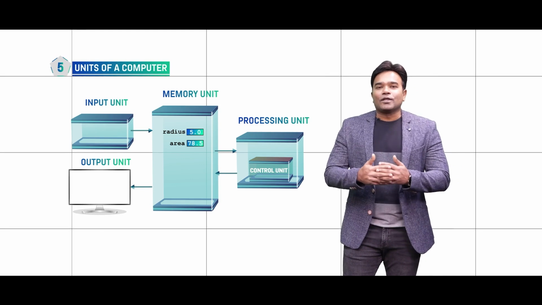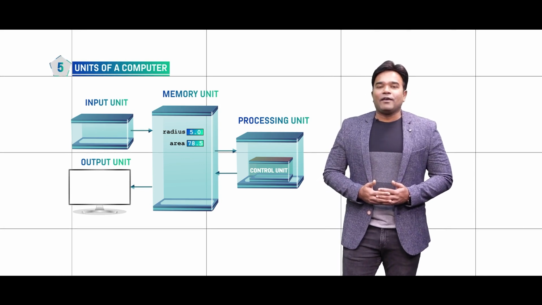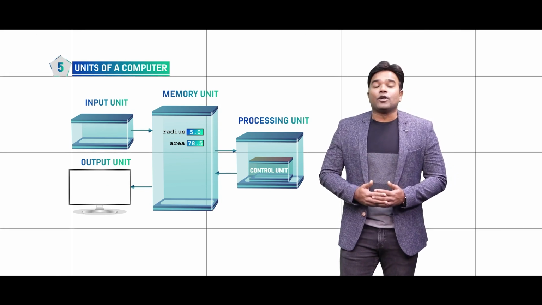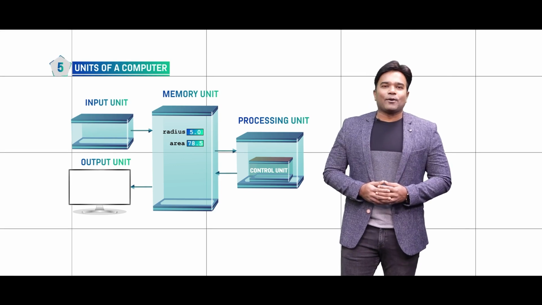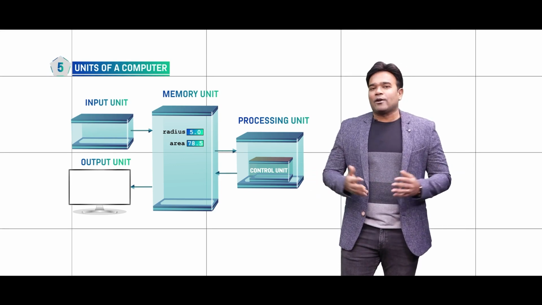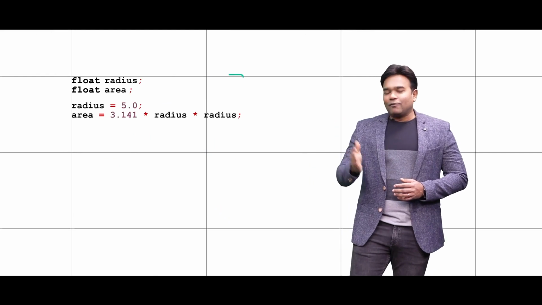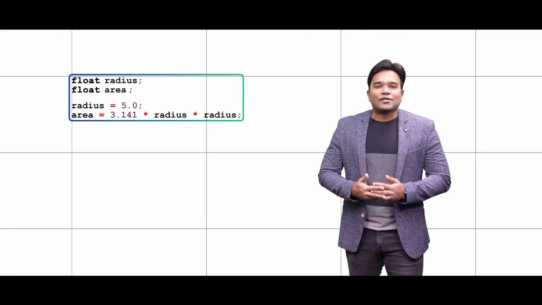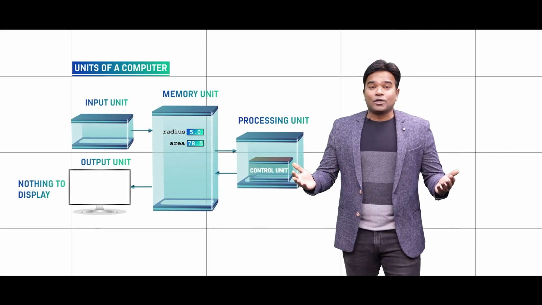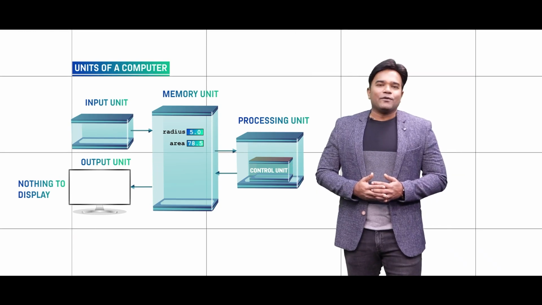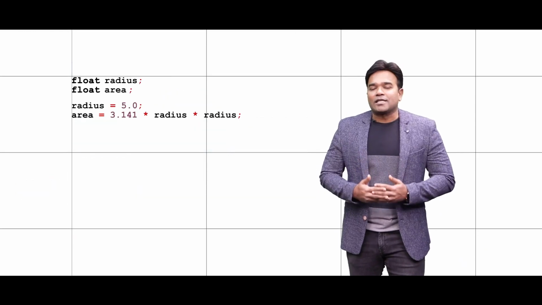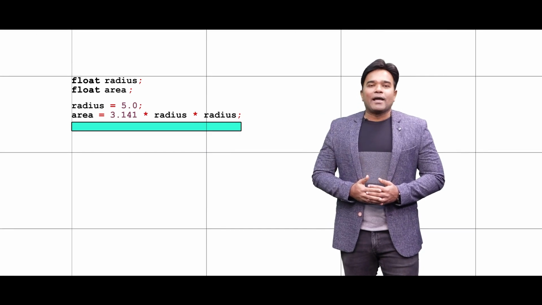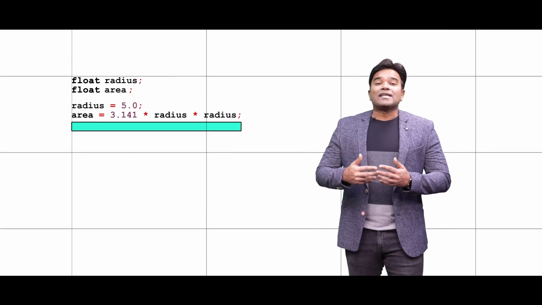After all, you know that the computer has a total of 5 units, and what is going to be visible to me as a programmer is whatever is displayed on the screen. But the way you have written the program as of now, we don't have anything on the display, which means that I need to have a statement included in my program so that the output is displayed on the output unit.